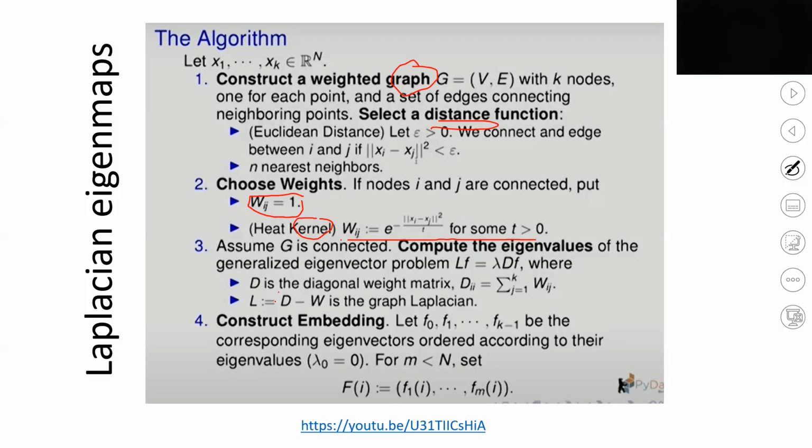And then here you compute the Laplacian matrix of this graph, where D is the weight matrix, which is the degree of the node. Then the eigen decomposition problem is here. It's so-called generalized eigen decomposition, because we are dealing with 2 matrices, L and D, with eigenvectors in the F, eigenvalues in the lambda.